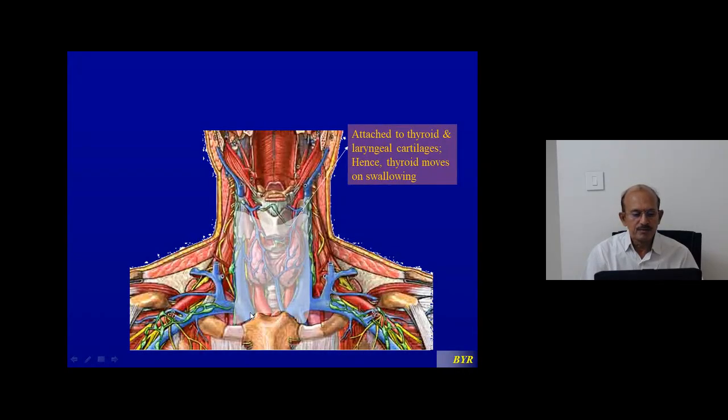Do you know or no? It is not attached to the sternum and clavicle. This pretracheal fascia descends down behind the sternum, where it goes into the superior mediastinum and merges with the pericardium there.